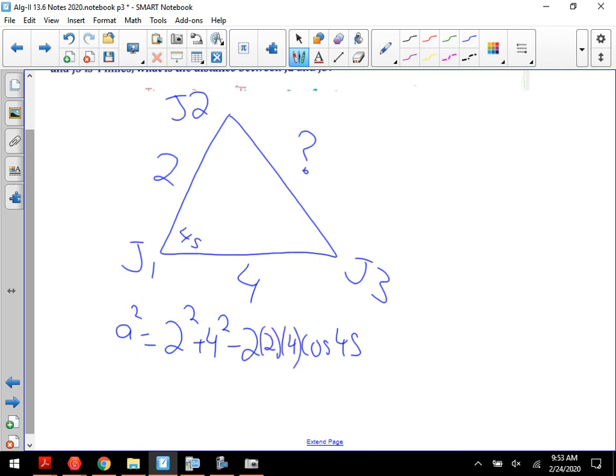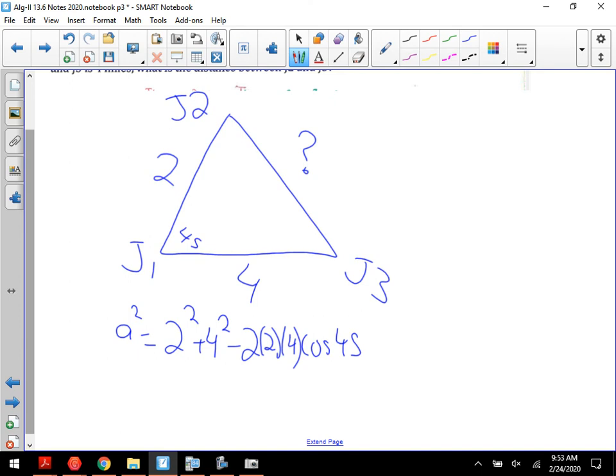Find each side, and just find the angle and then find the other two. How are you going to find the other angle? Well, because you have a side and an angle on the side opposite. That's the only way you can use law of sines: an angle and the side opposite.